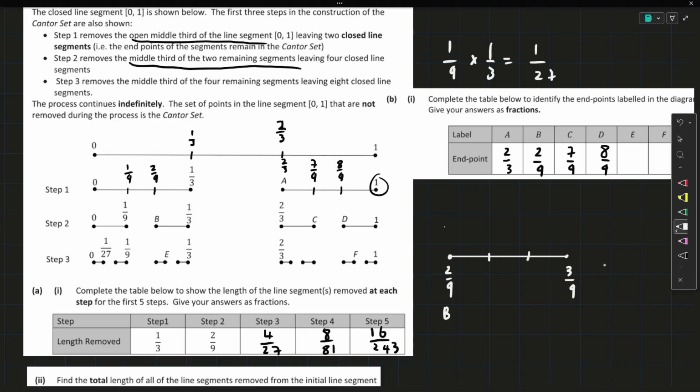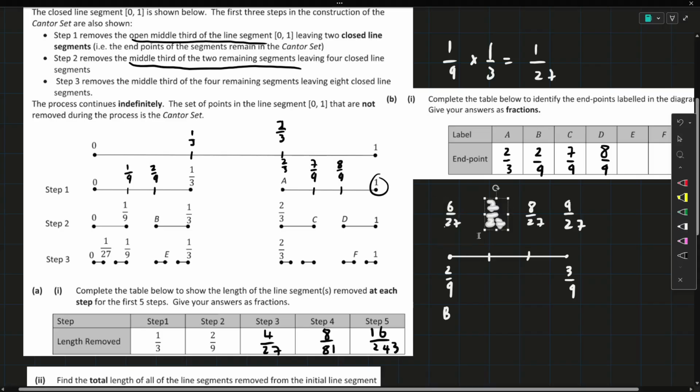If we split these up into thirds, we're going to be talking about 27ths, because a third of a 9th is 27ths. So I can multiply the top and bottom here by 3. 2/9 is the same as 6/27ths, and 3/9 is the same as 9/27ths. So if we're splitting this up into thirds, then this is going to be 7/27ths, and this is going to be 8/27ths. And you can see we've split this up into equal parts, so into thirds.